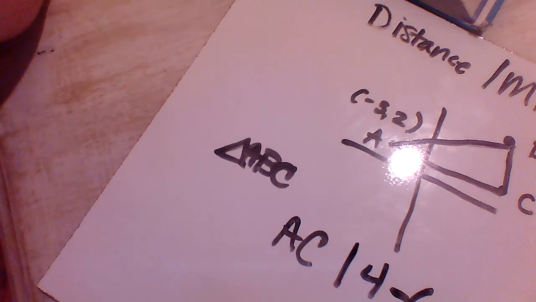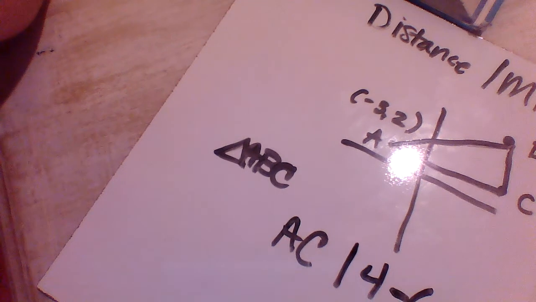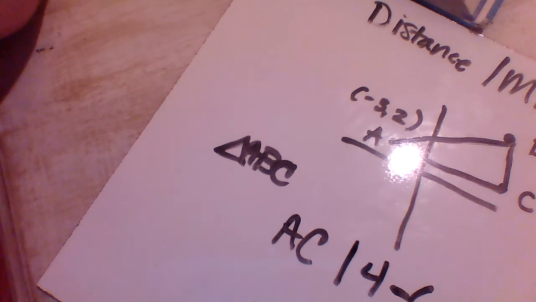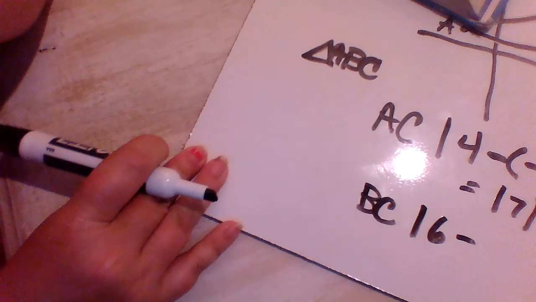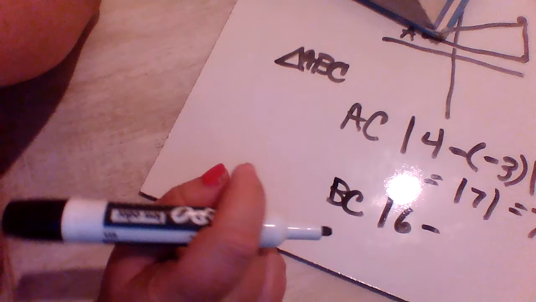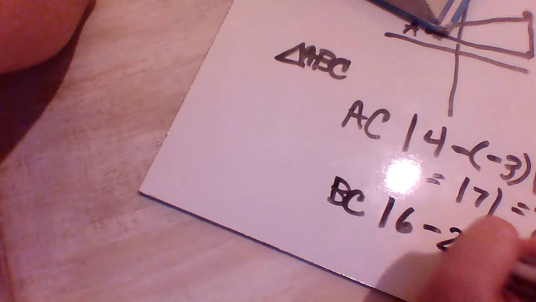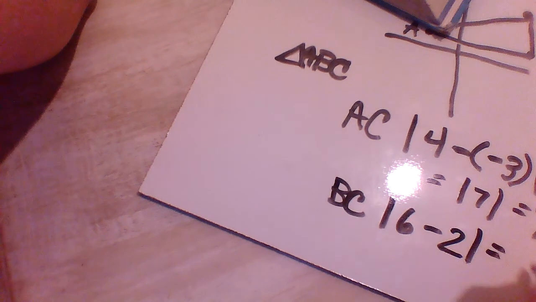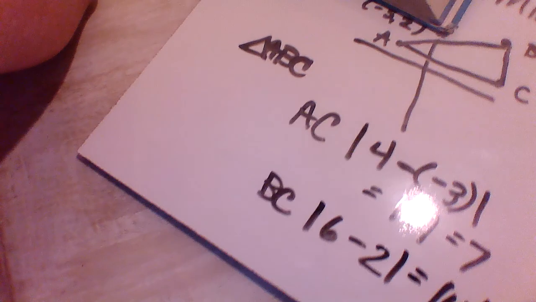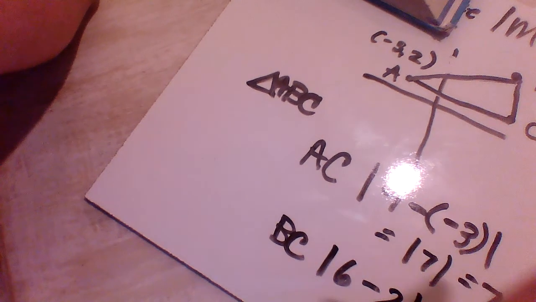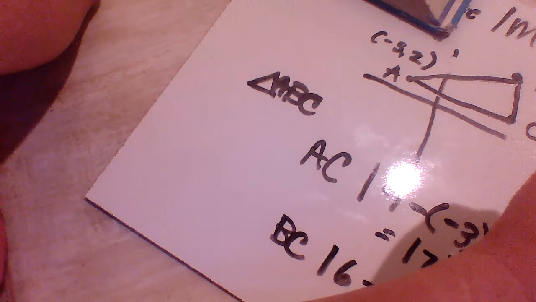And then if we take the points BC, we're going to take the absolute value of 6 minus 2, which is going to be the absolute value of 4, which is 4. So what we basically did was take, from BC, our 6 minus 2, and that gives us 4.